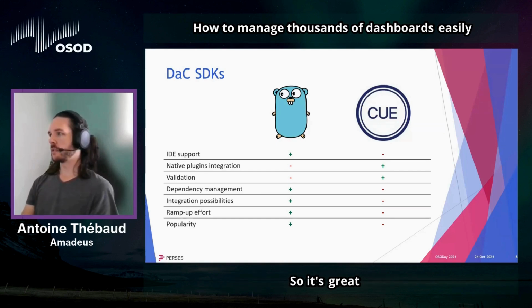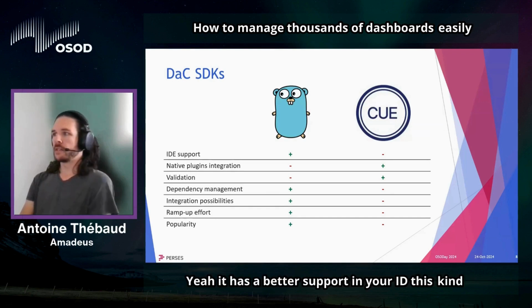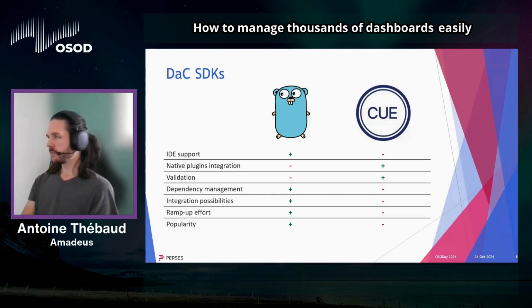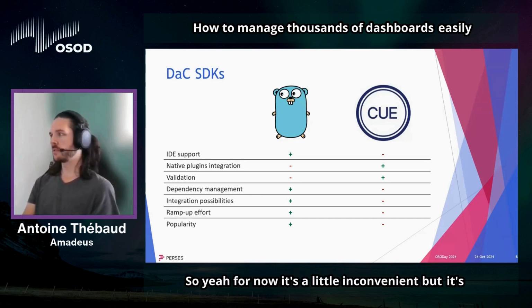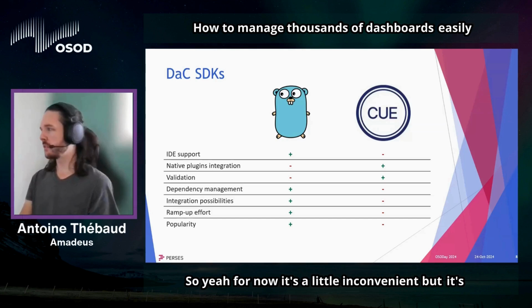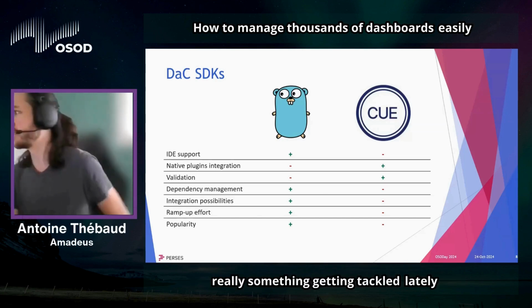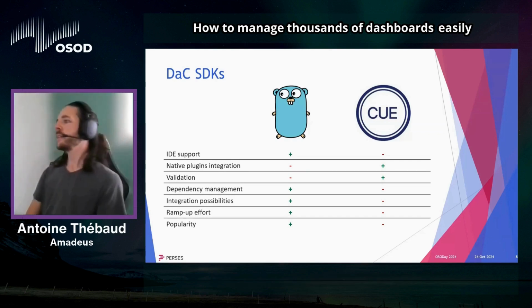It's great, and it has better support in your IDE. Qlang, on its side, still has important things like IDE support and dependency management being worked on. For now it's inconvenient, but it's really something getting tackled lately.